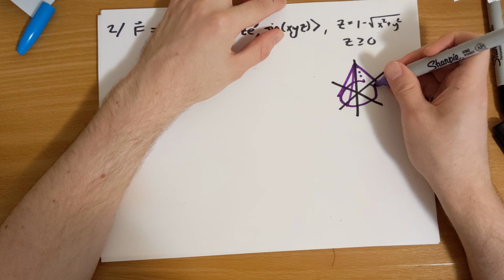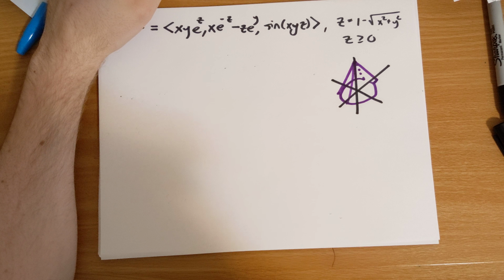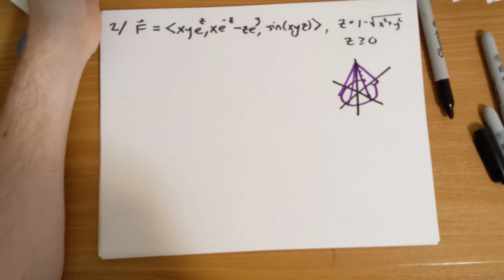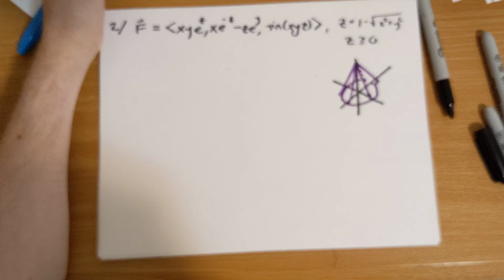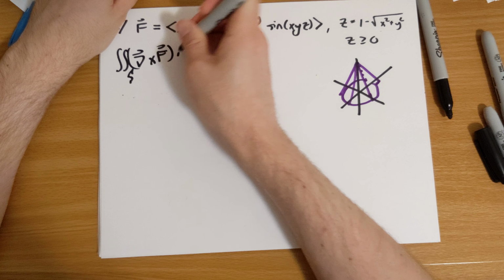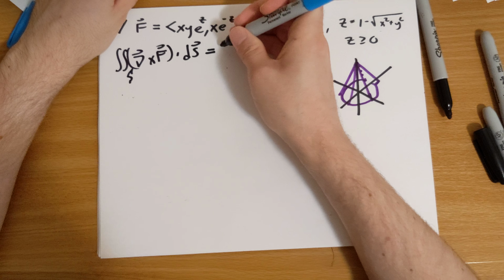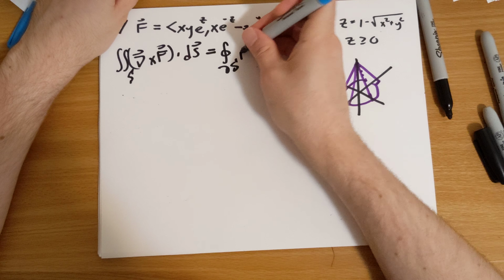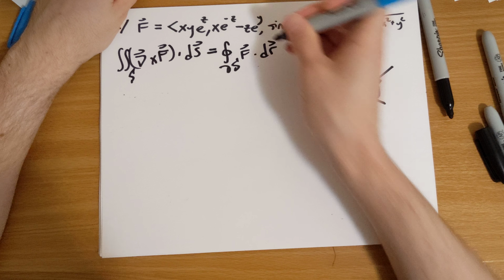Okay, so how do we tackle this kind of problem? Well, we're told here to use Stokes' theorem. So the double integral over our surface of the curl of f dot ds is equal to the single integral around the boundary of our surface of f dot dr.